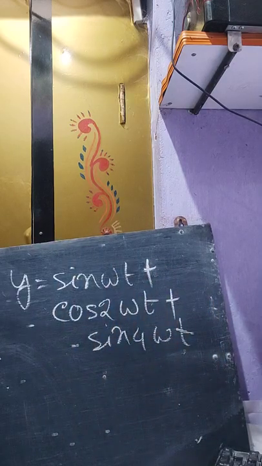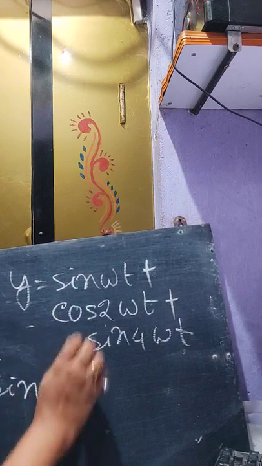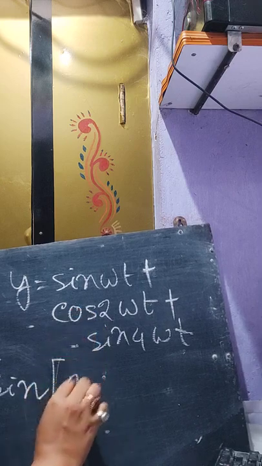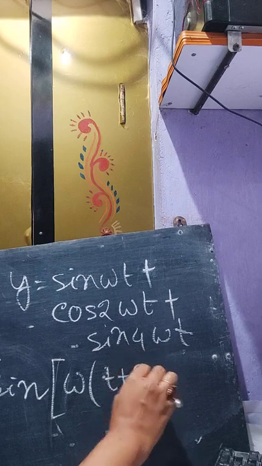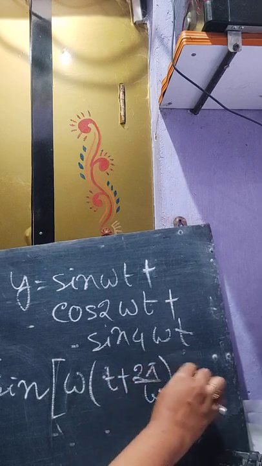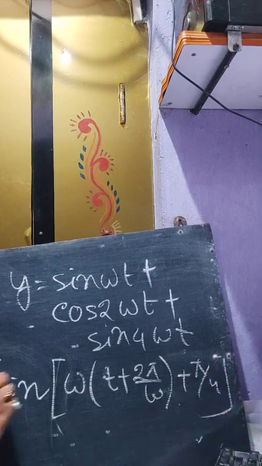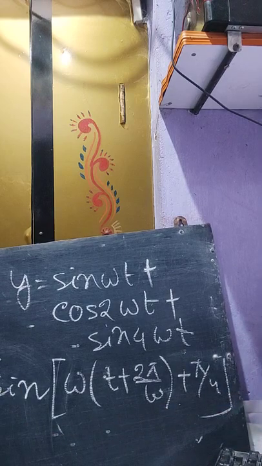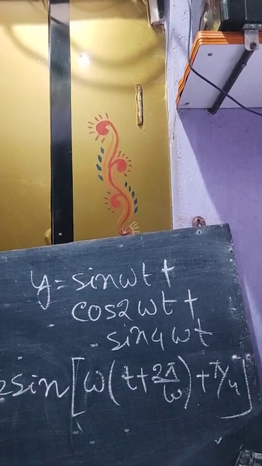And again, this expression can be written like the previous one, that is sine omega t plus 2 pi by omega plus pi by 4. In the same way, we can write this expression like this as well.